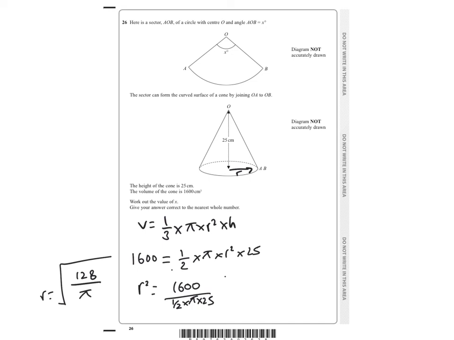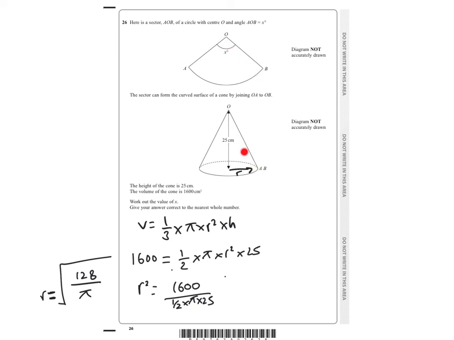Okay, that's my radius, because I want to keep it exact just in case it messes up something later. So let's just keep everything exact. Right, so we have our radius. Now, if we have a look at this length, which in this case is our hypotenuse, this length here is in fact this length here.